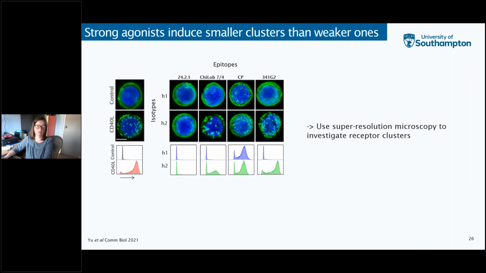So CD40 agonists displaying strong agonism, such as the CP and the CD40 ligand, induce notably smaller clusters than weaker agonists, such as Chi Lob 7/4. So to investigate the receptor clustering features underpinning this agonistic activity in more detail, we decided to employ the super-resolution microscopy technique of dSTORM.